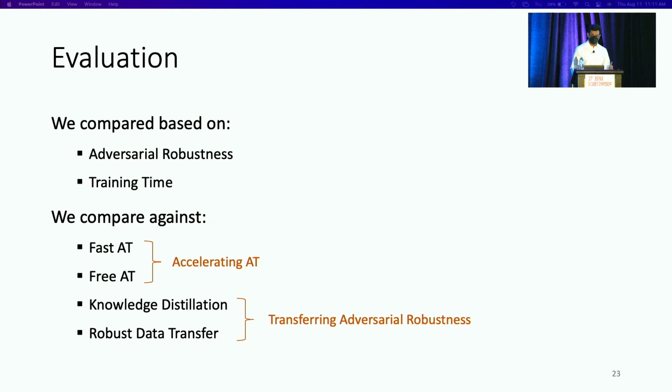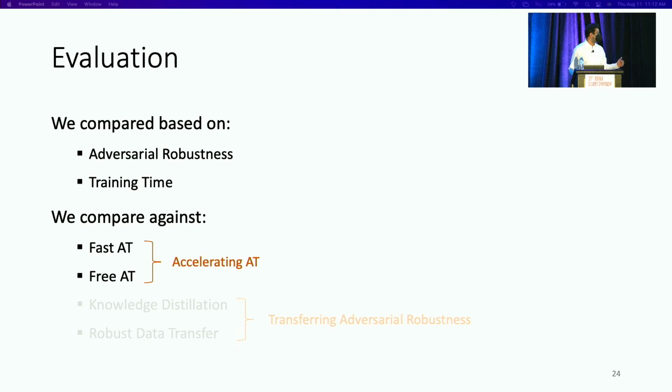There's knowledge distillation, there's robust data transfer. But for brevity, as part of this presentation, I'm only going to be presenting results that compare against the acceleration prior works. For those interested, you can find a complete set of results and comparisons in our paper.